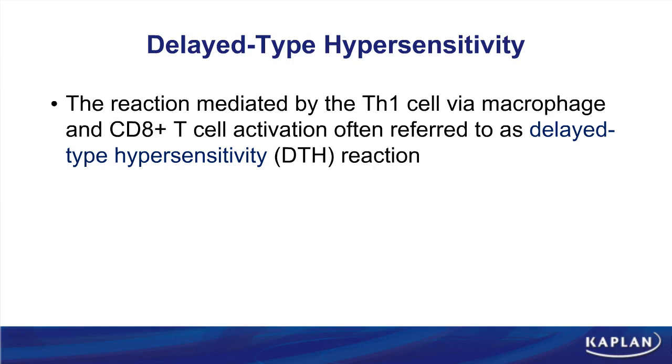But the mechanism of that reaction, the activation of the macrophage, then activating the T cell, giving the macrophage interferon gamma, and or making IL-2 for CD8 positive T cells, that is the mechanism for the delayed type hypersensitivity response.